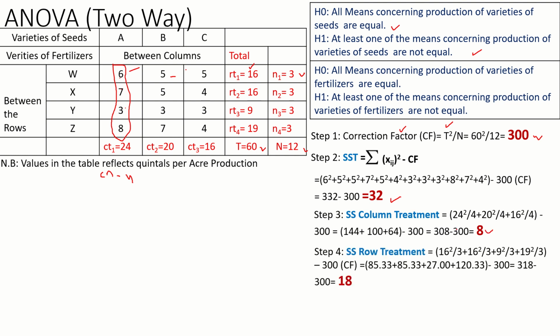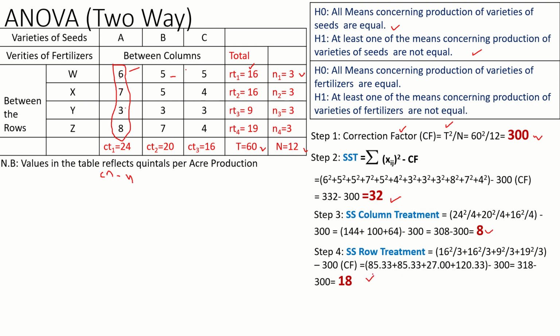Next is step 4. The sum of squares for row treatment we will do similarly. This is 16 square divided by 3, since there are 3 values in each row: 16 square divided by 3, plus 16 square divided by 3, plus 9 square divided by 3, plus 19 square divided by 3, minus the correction factor. This gives the sum of squares for row treatment.